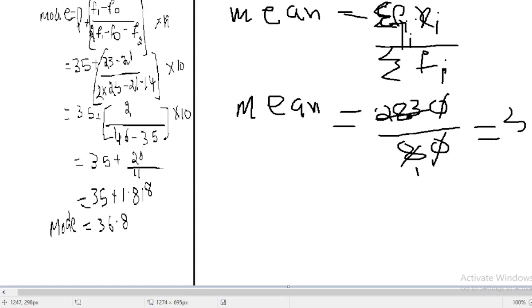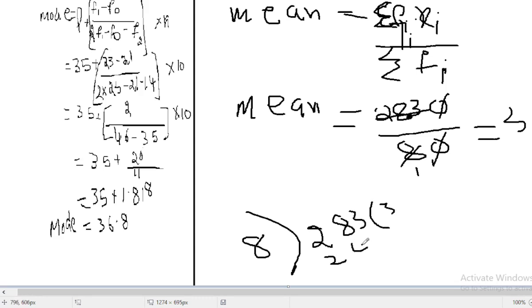So let me go for division, by that you will get clarity. 283 divided by 8. 8 3 is 24. 28 minus 24 is 4.